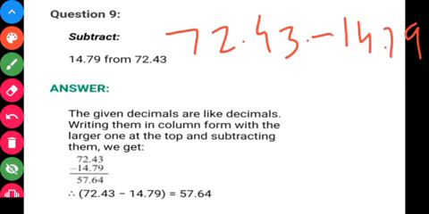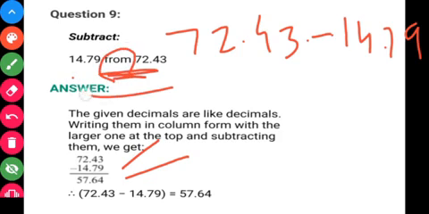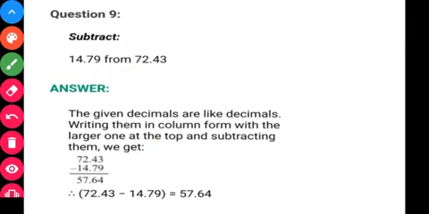For this, we would convert into like fractions, but both are already like fractions, so no need to convert. Directly you can subtract. This is an important point: whatever comes after 'from' is the first number, and you subtract the other from it. Understand? Now come to the next question.